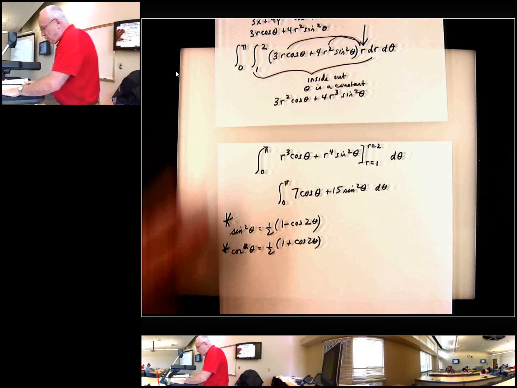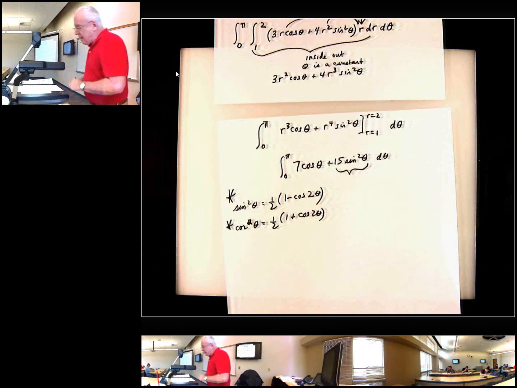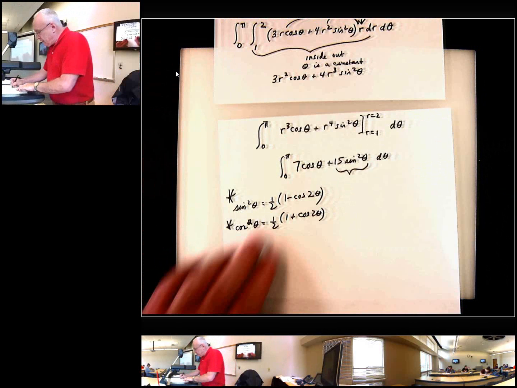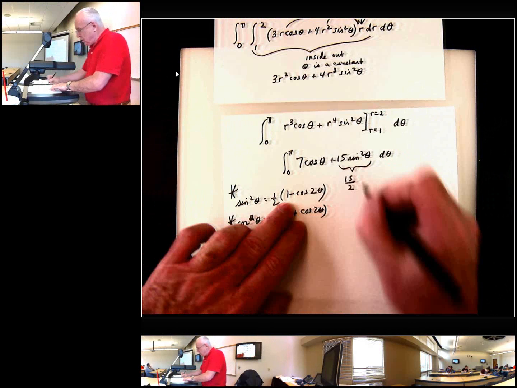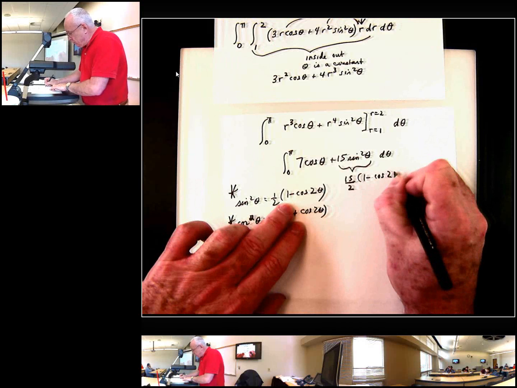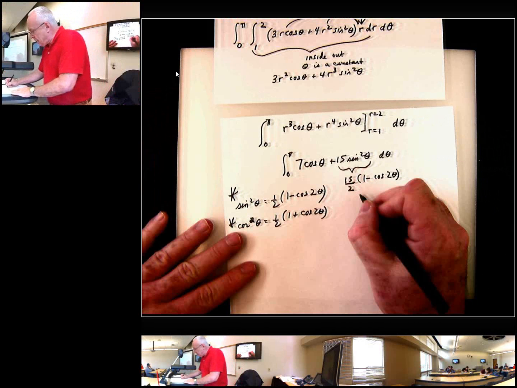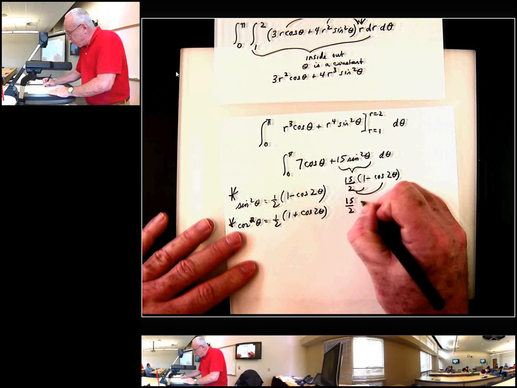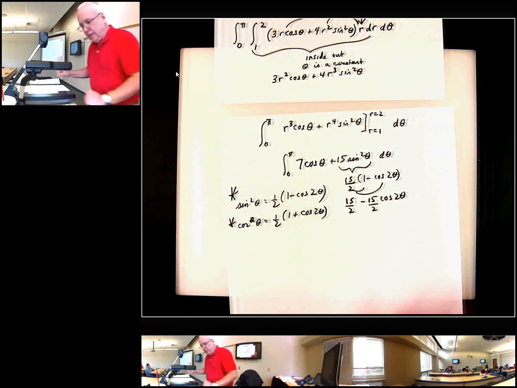All right, so this 15 sine squared of theta is going to become 15 times 1/2, 15 over 2 times 1 minus cosine of 2 theta. Or let me distribute it out: 15 over 2 minus 15 over 2 cosine of 2 theta.